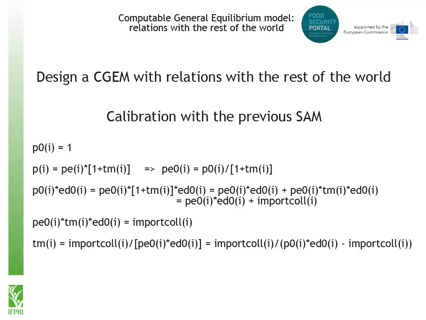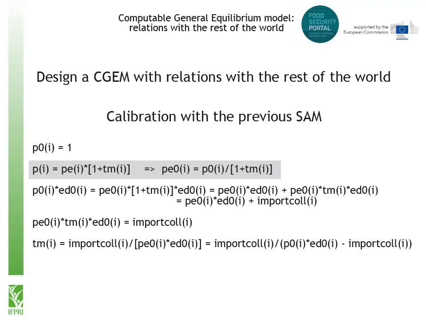But right now, with relations with the rest of the world, we've got a problem because, in fact, if you look at the model, we have a relation between consumer price and world price, which is P in sector I is equal to PE in sector I times 1 plus TM in sector I. And so you can use these relations of the model to calibrate PE0 in sector I equal to P0 in sector I over 1 plus Tm in sector I. So once you have normalized P0 to 1, you can calibrate PE0 with P0.